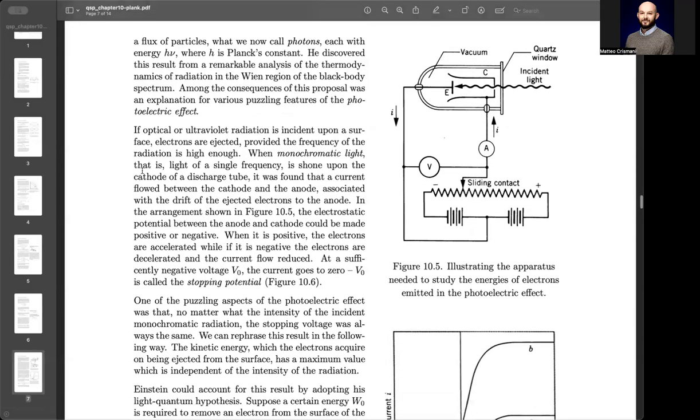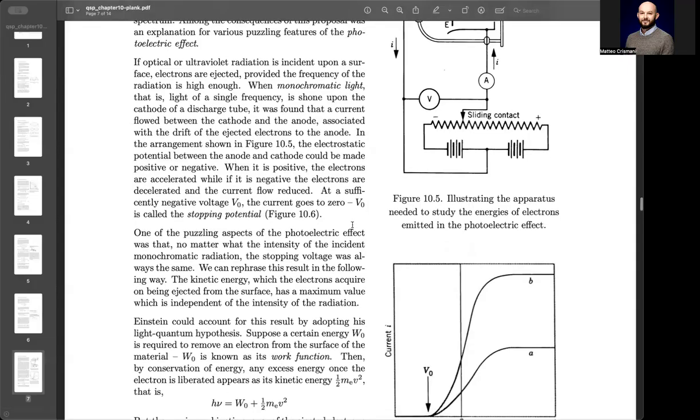Okay, so one of the puzzling aspects of the photoelectric effect was that this voltage that you got was always the same. And what I mean by that is that the kinetic energy that the electrons acquired had a maximum value, independent of how intense the radiation was.